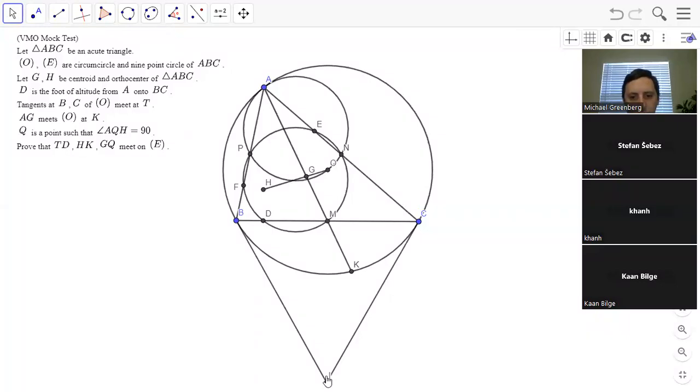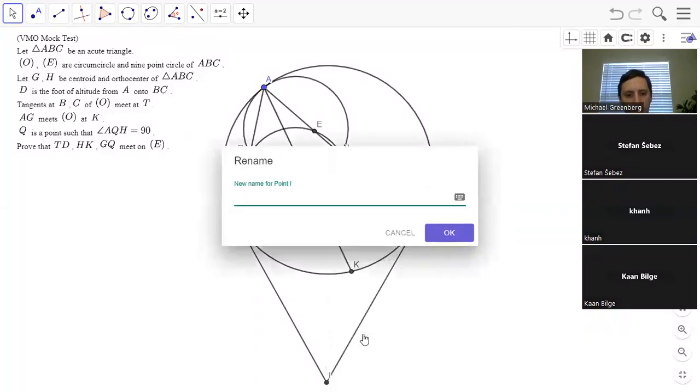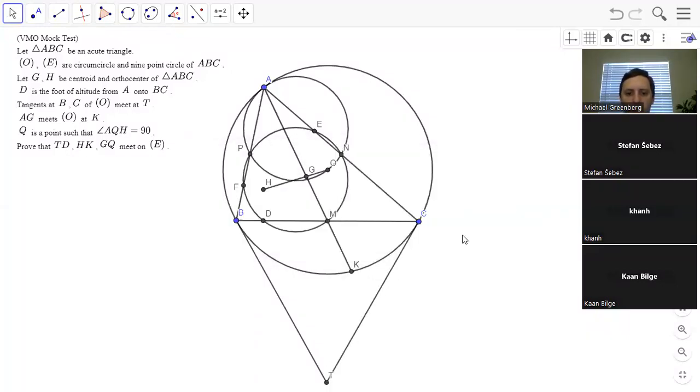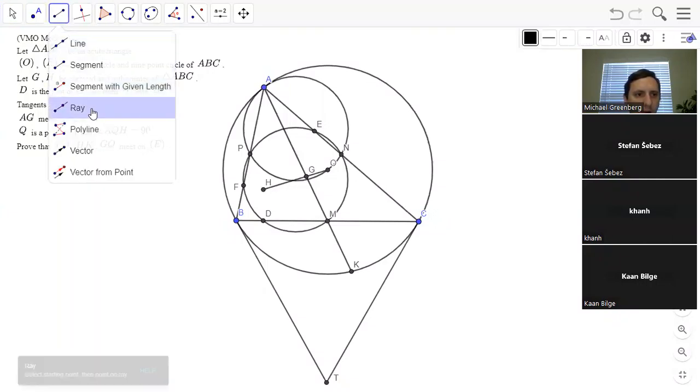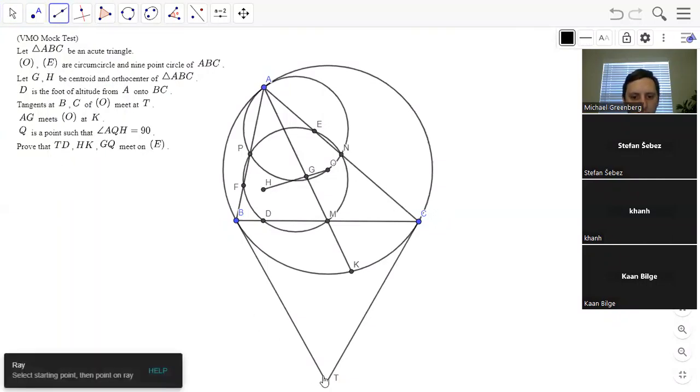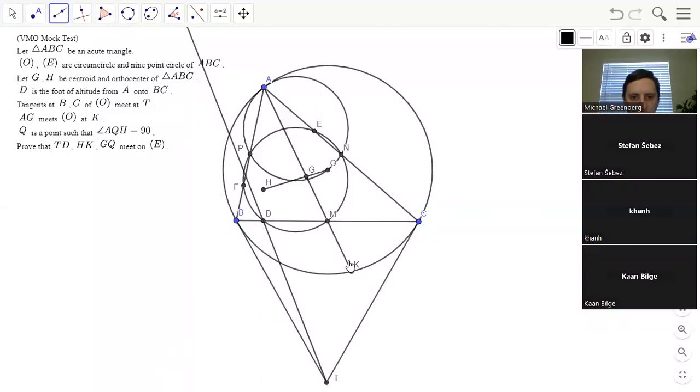Okay, so this should be T. Yeah, we might be able to use the problem itself to figure out, because TD, HK, and GQ we want to show they meet on the circle.